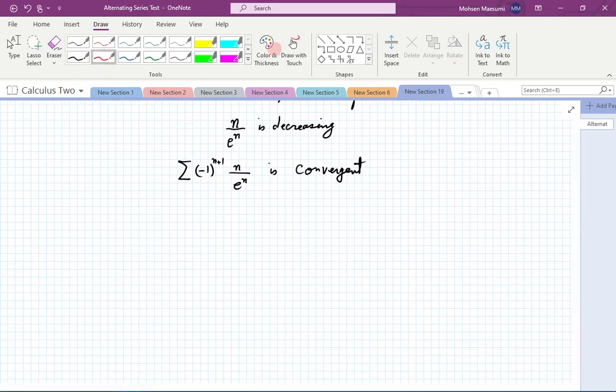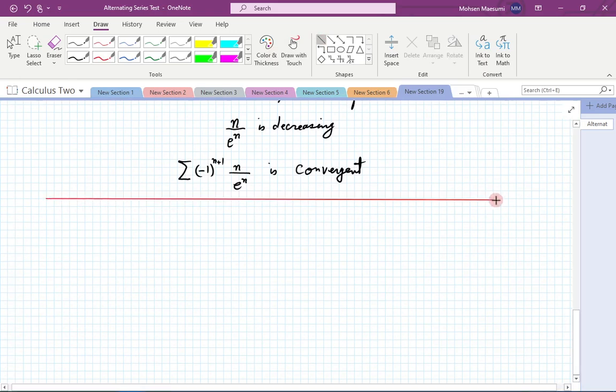How would you try to approximate what the sum is? Let's go look at something that is perhaps easy on the eye. So let's take a look at the following. 1 minus, say, 1 over 2 cubed plus 1 over 3 cubed minus 1 over 4 cubed, and so on.